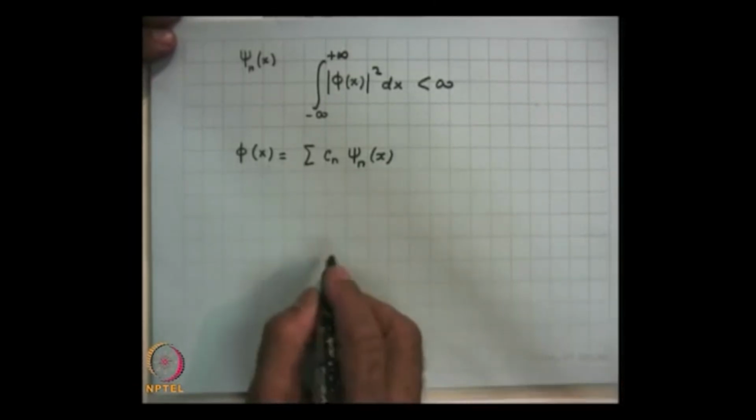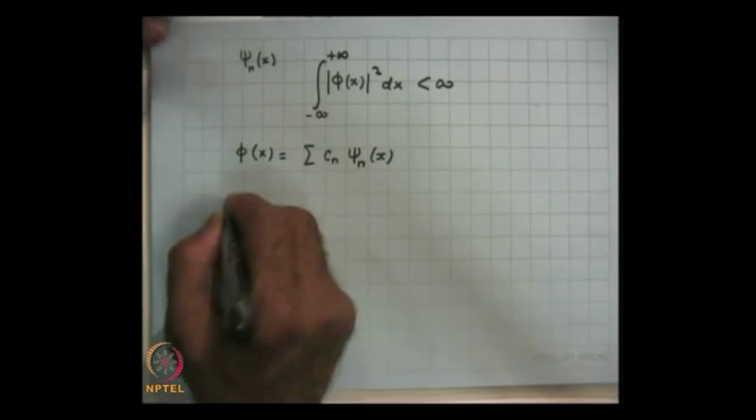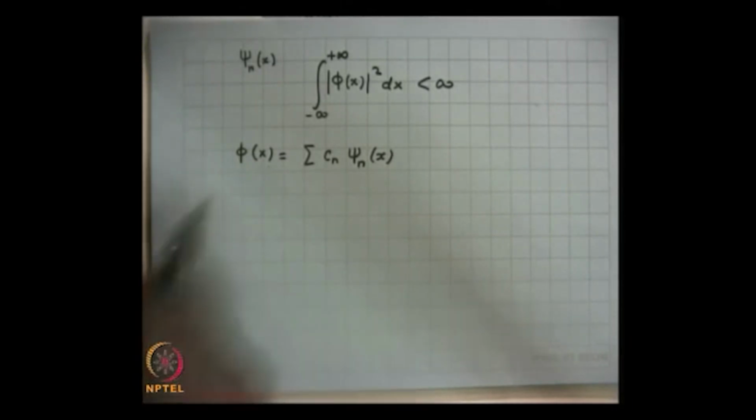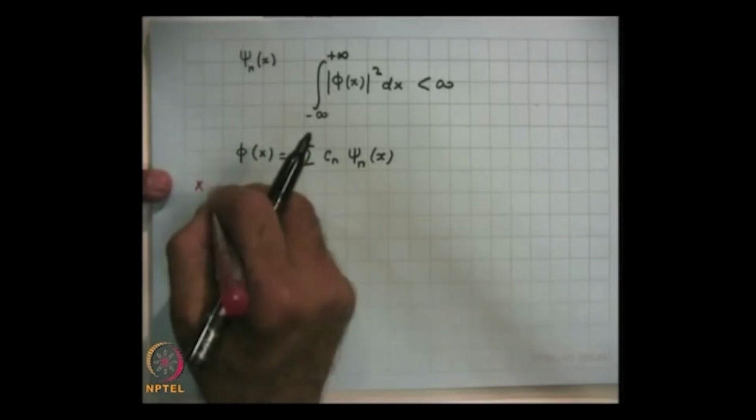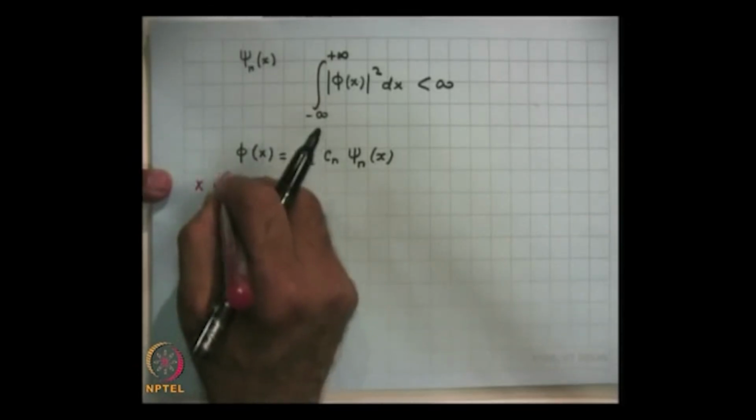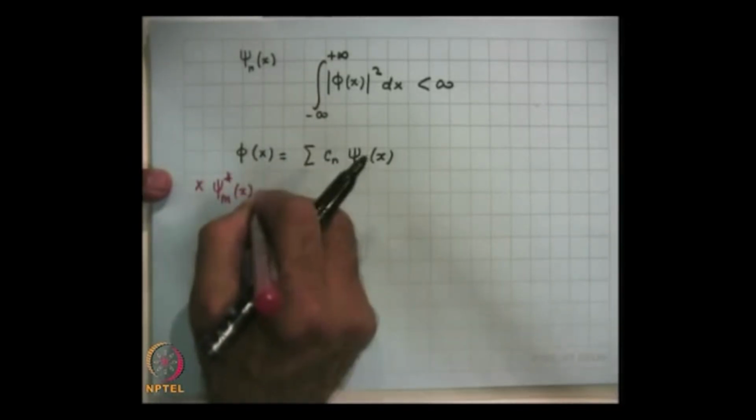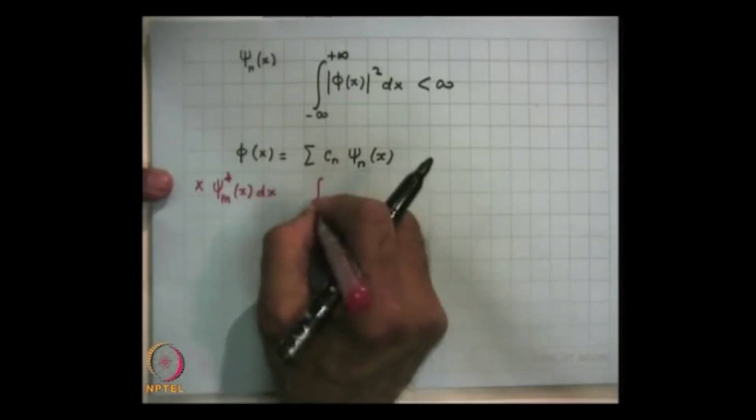What we do is, I multiply this equation by psi m star of x and then integrate.